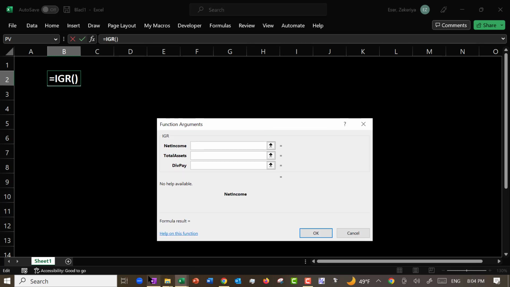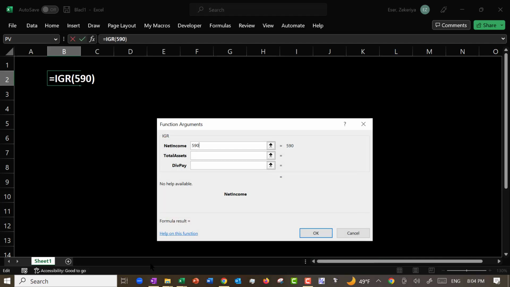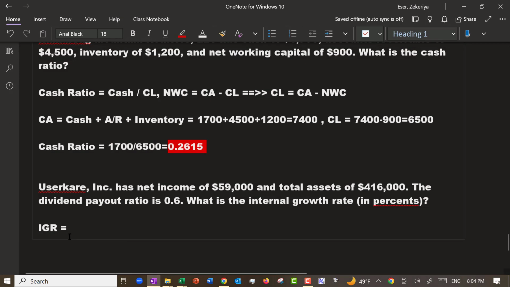So in this problem, 59, 416.6. Then Excel will do the arithmetic for you, as long as you have the right inputs. That's the beauty of Excel stuff.